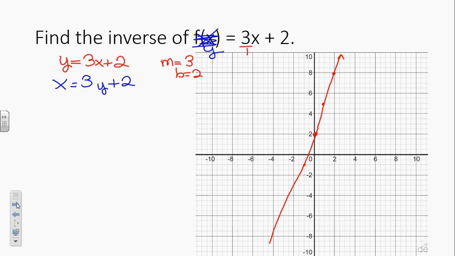Now, we have the inverse here, but it's not in a form that we can use yet, is it? Can you look at that and decide how to graph it? Nope. So what do we need to do to this blue equation, the inverse, in order to get it into a place where we can graph it? Why is this one easy to graph?